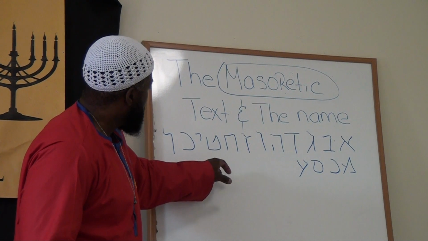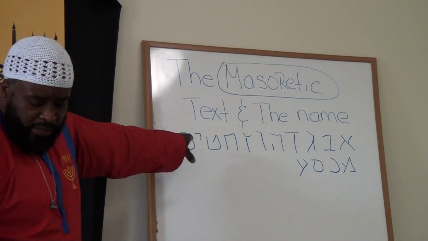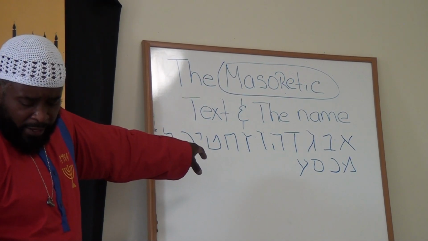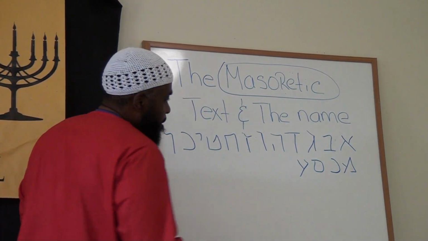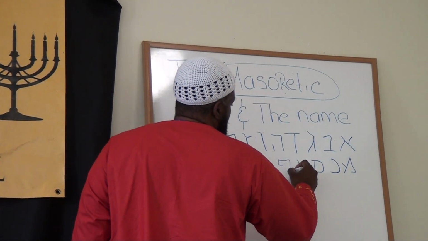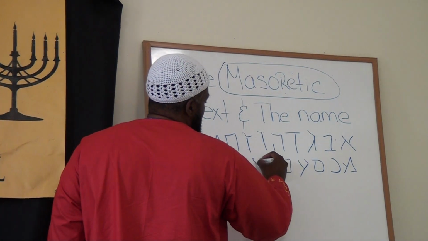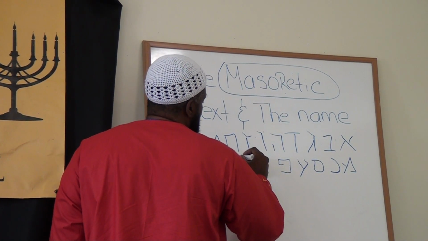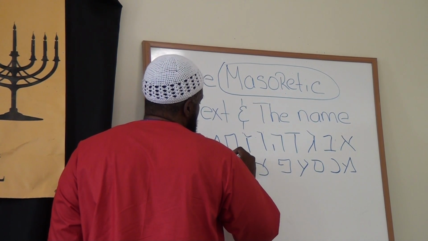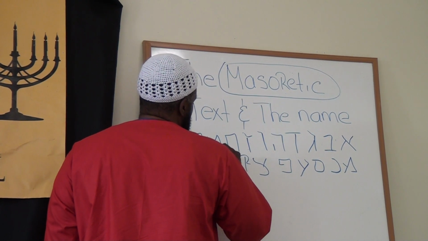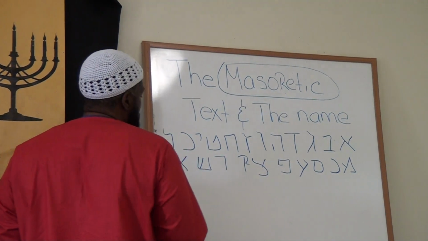This would be Ta, this is the Ta, and this is the Te. And we have Fe. Okay, we have Tizah. We have Wa, Resh, Sheen, and the Tau.